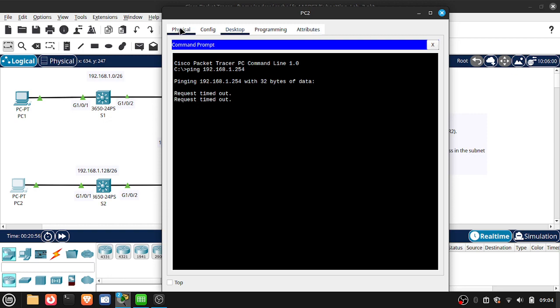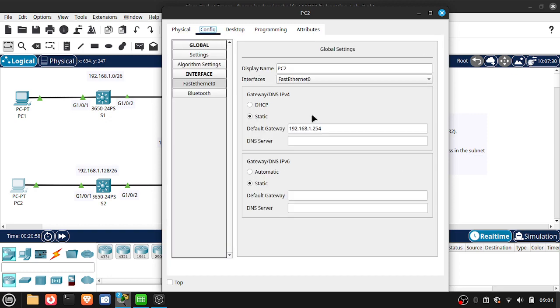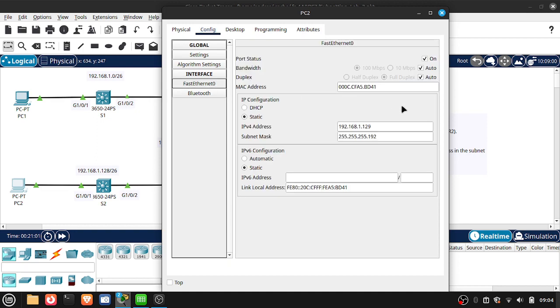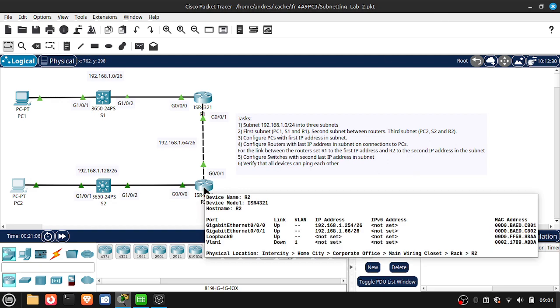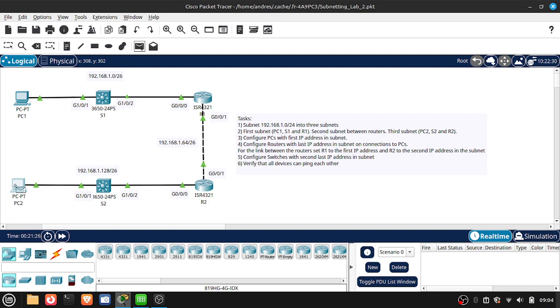And we can ping our default gateway. Why? Let me see. Default gateway 192.168.1.254, but we can ping between each other.